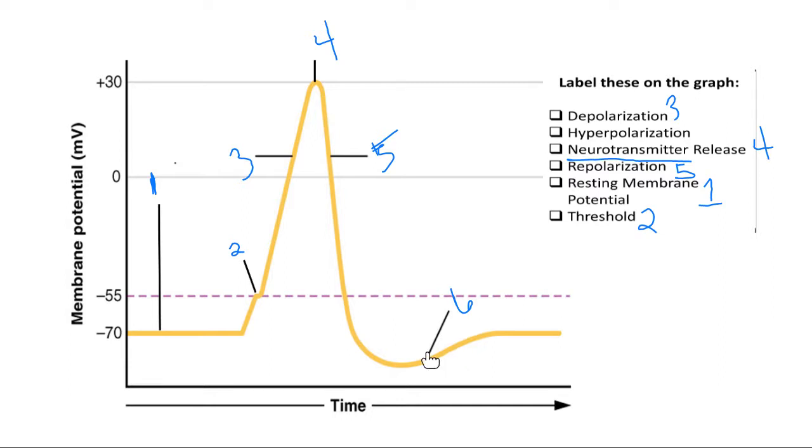What I call it when I'm down here and I'm extra negative, that's the part called hyperpolarization. Hyperpolarization, when I'm too negative or too much polarized. Eventually, I'll fix it and I'll get back to normal. But down here at the bottom, when I'm too negative, I would be what's called hyperpolarized.